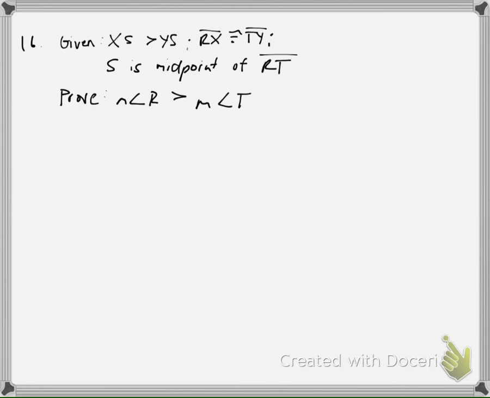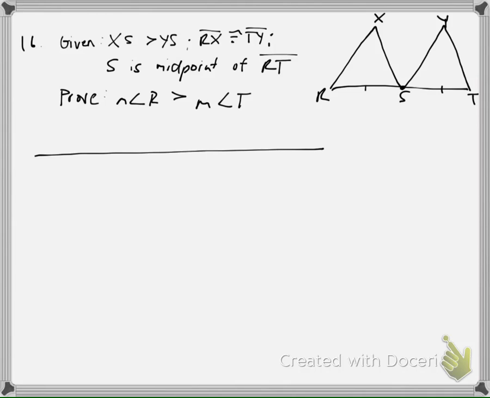And so the figure we could use is right here. And then this is R, S, T, X, Y. And so we know that these two are congruent because we know S is the midpoint. So right here we'll start out our proof.